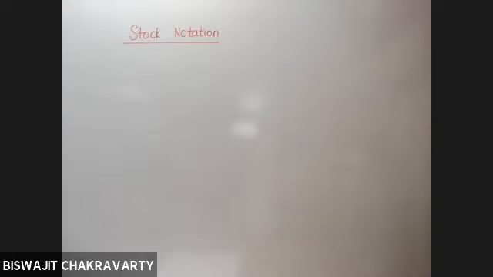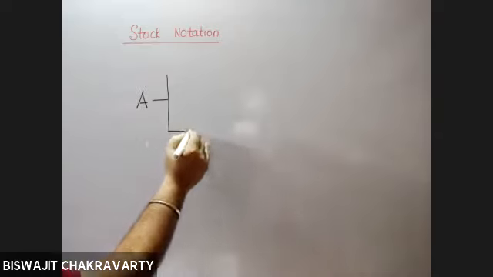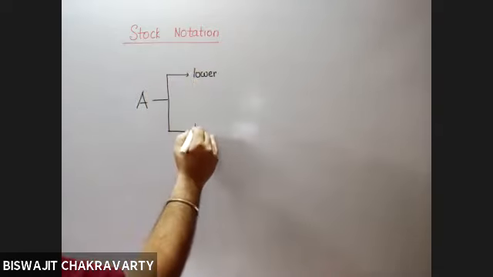Let me give you the example. Before going to the example, if an element A shows two types of oxidation state, lower and higher.